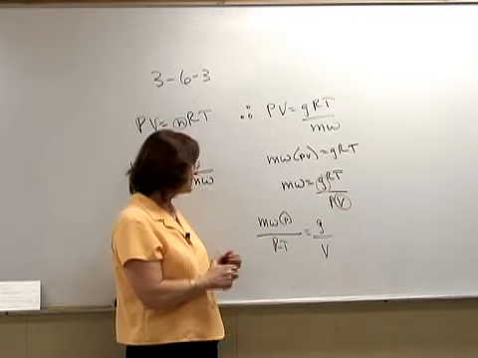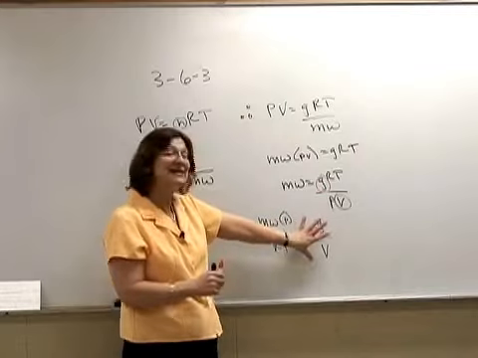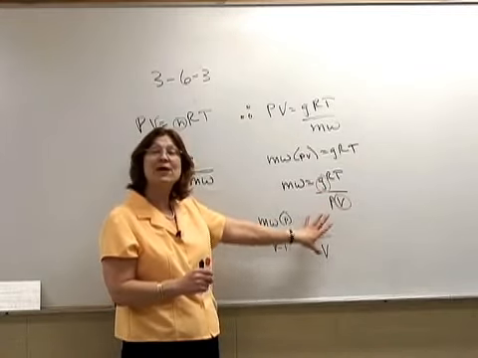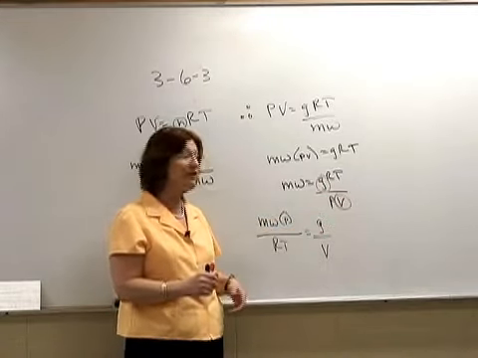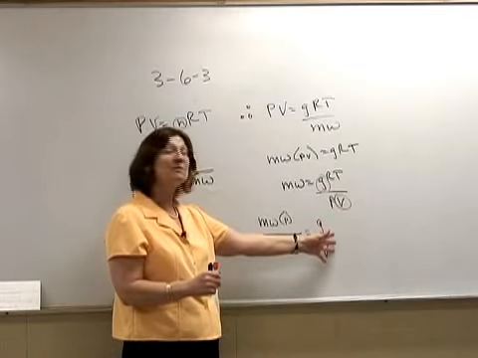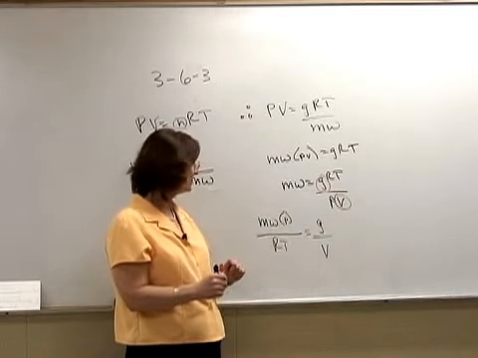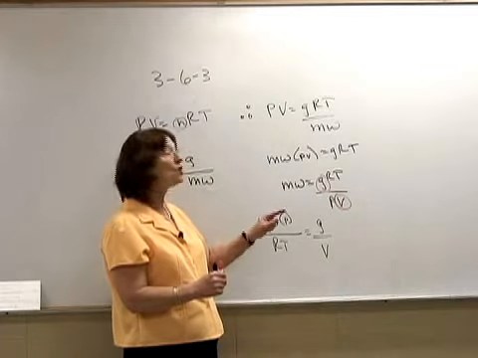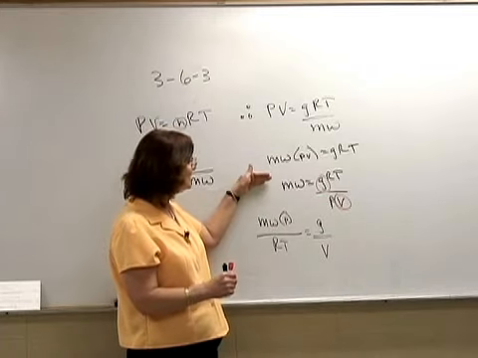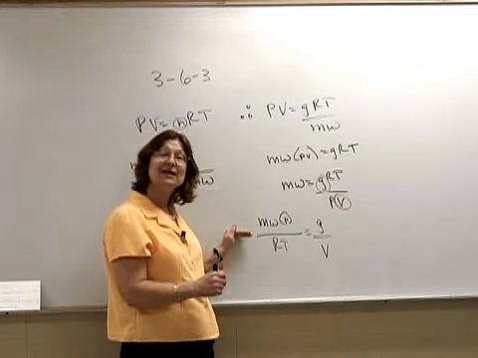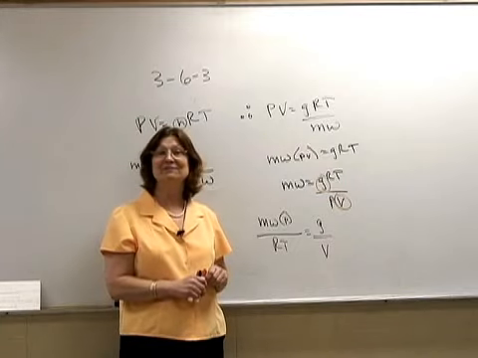And when I solve this, I will get one number for this density, but the unit will be grams per liter or grams per milliliter. I will get a unit for that number that reflects the mass and the volume. And so we can solve for molecular weight, and we can solve for density using the ideal gas equation.